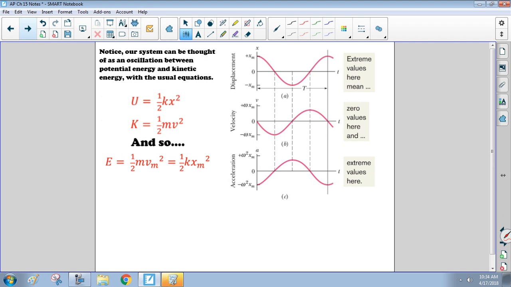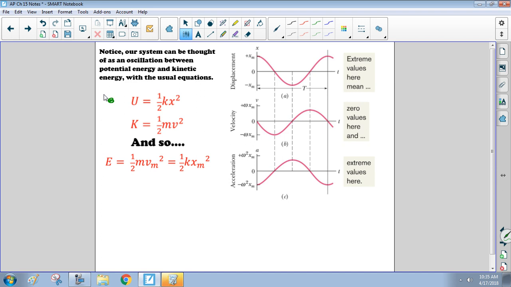So let's look at these graphs and assume that that's what's going on. So let's assume that these graphs model motion like this. We learned that you can find the potential energy of a spring, 1/2 kx squared.